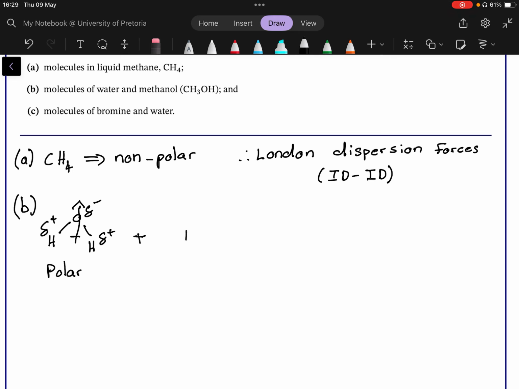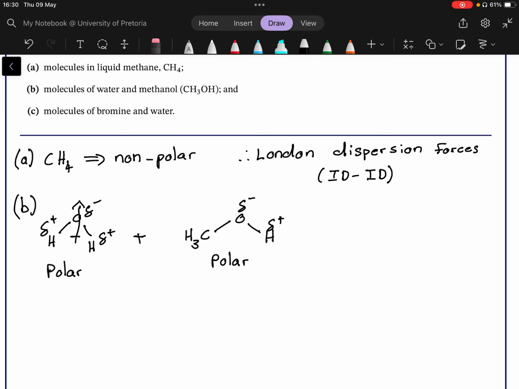And to that we add methanol, so that's H3COH. And this one we can also see there's a dipole moment. And even more importantly, there's some hydrogen bonding in both of these that can take place.